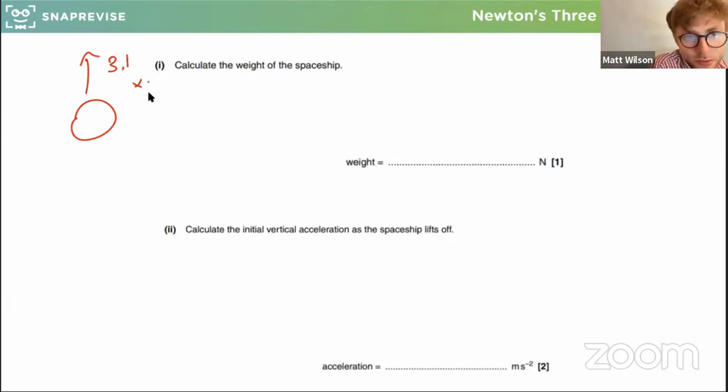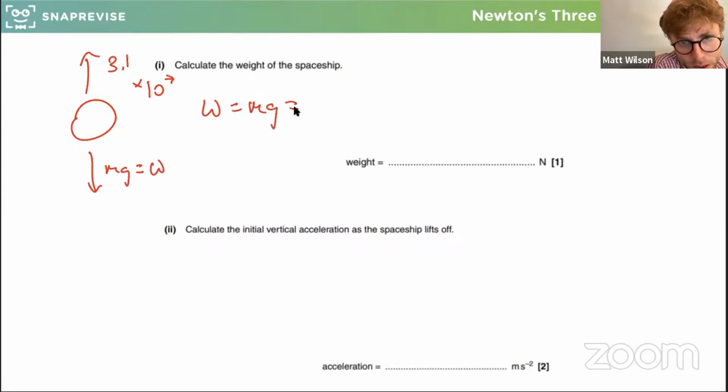What was that? 3.1 times 10 to the 7. And down here we have the mass times the gravitational acceleration, and that's the weight. So the weight is equal to mg. And we were told already that the mass was 1.9 times 10 to the 6 kilograms. And g is always 9.81.